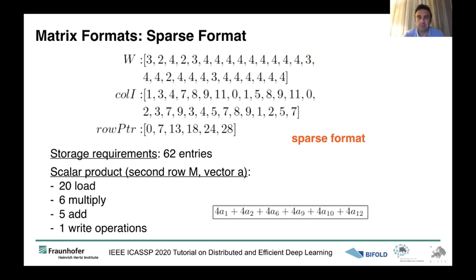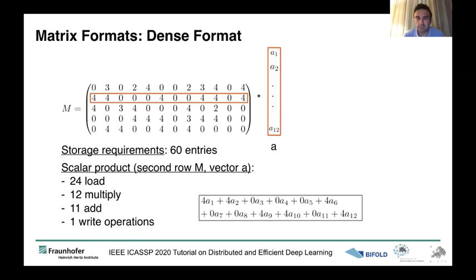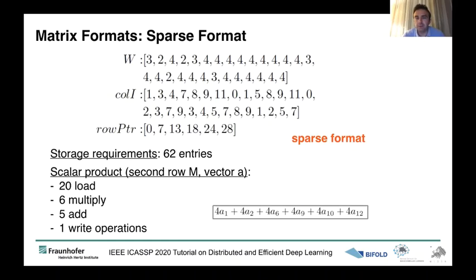If you start counting with 0, it's kind of the fourth column, and so on. So you reference the non-zero numbers. And in these formats, you need less multiplication and addition, because you don't need to multiply with 0, and in the sparse formats, you can do the scalar product, the multiplication, inside the sparse format, so you don't need to reconstruct back to your dense matrix.